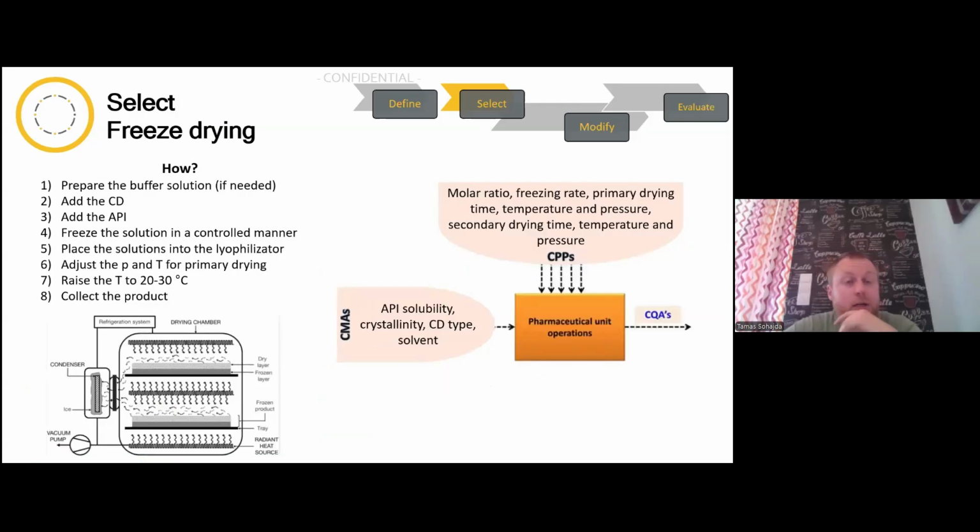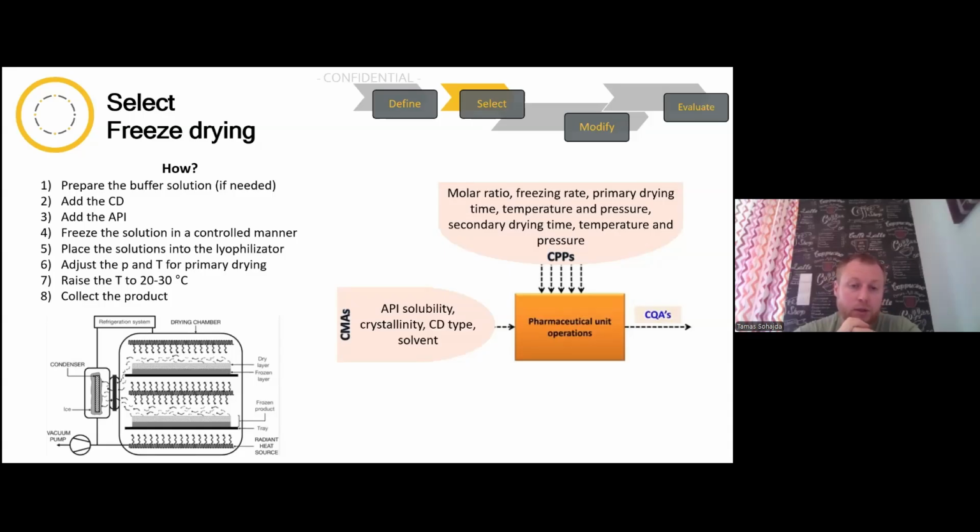Freeze drying is also one of the most popular ones, especially in the realm of parenteral formulations. So most of the products that are injections with cyclodextrins are marketed as a lyophilized powder for reconstitution. Again, it works very well also in the lab.